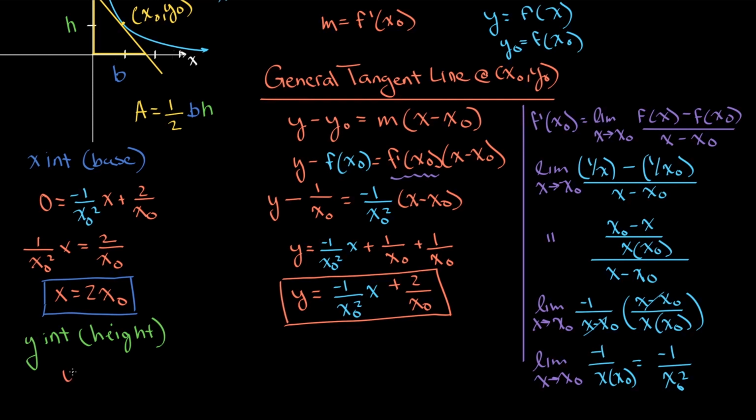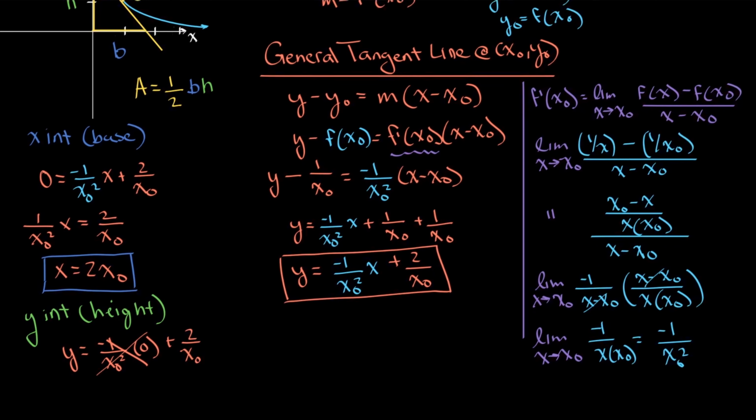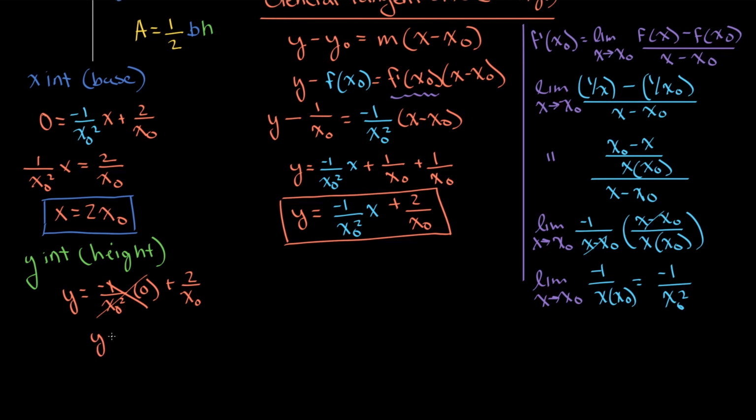So we have y is equal to -1 over x naught squared, and this is going to be multiplied by 0 now, plus 2 over x naught. So this will be 0, and we find that our height is equal to, when y is equal to 2 over x naught. That is our height.